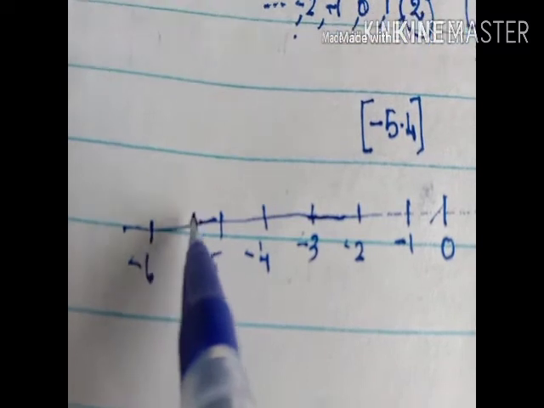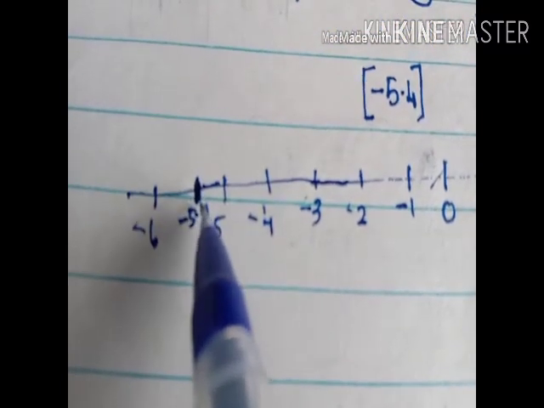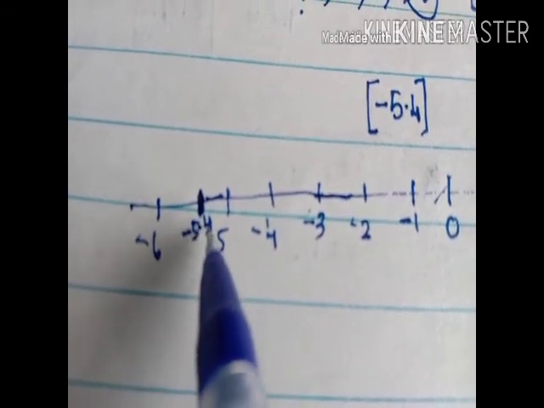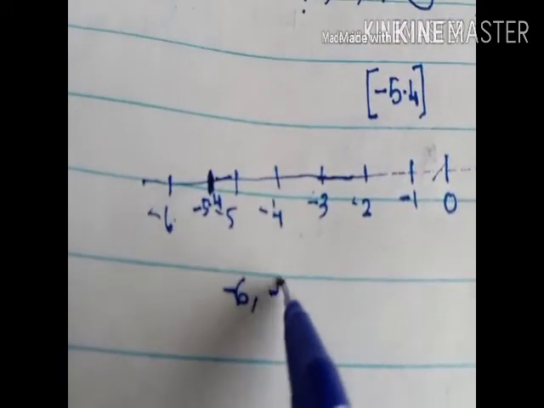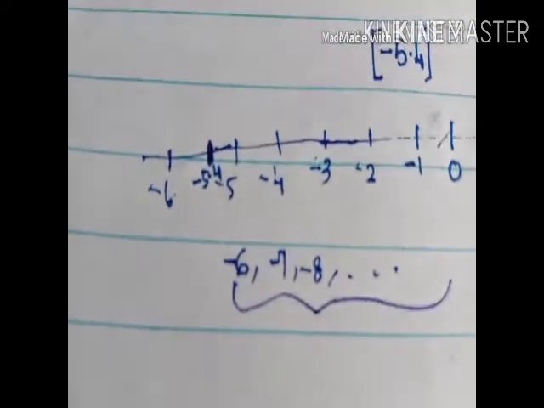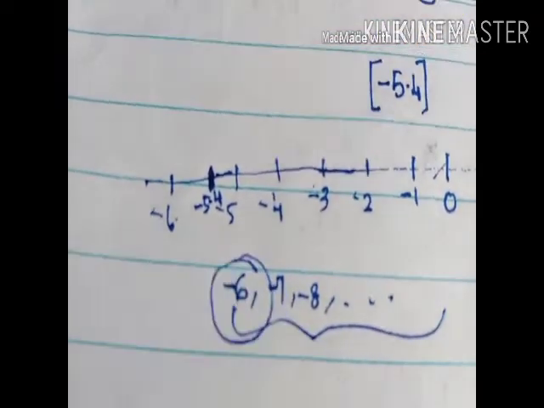Listen, assume this is the number negative 5.4. The integers less than negative 5.4 are -6, -7, -8 and so on. Out of these integers, which is the greatest integer? It is -6.